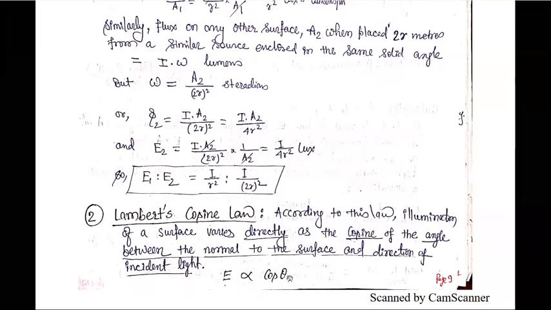Illumination E is directly proportional to cos theta, where theta is the angle between the normal to the surface and direction of incident line. ठीक है.